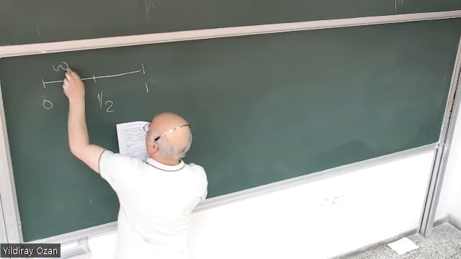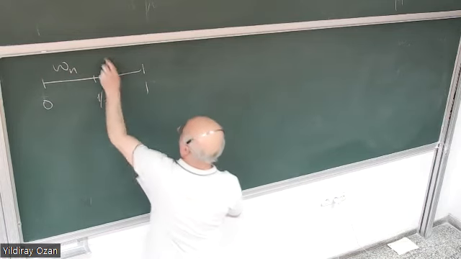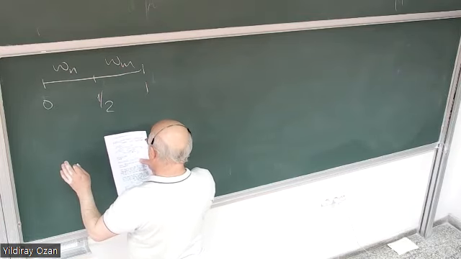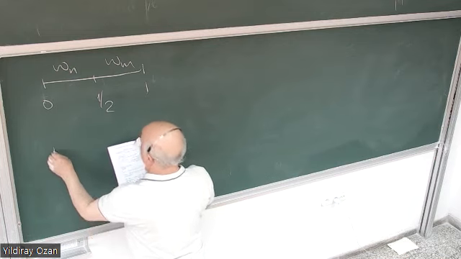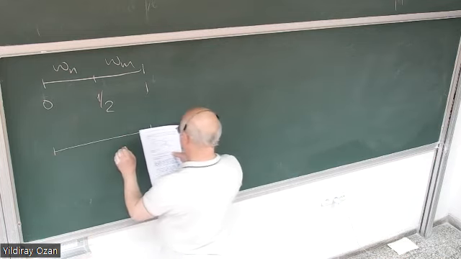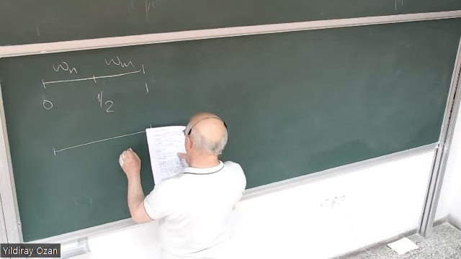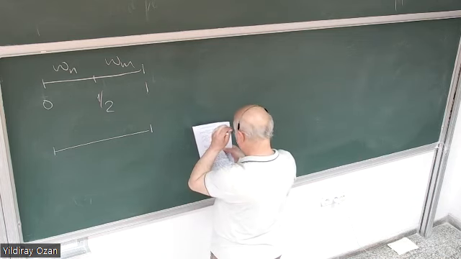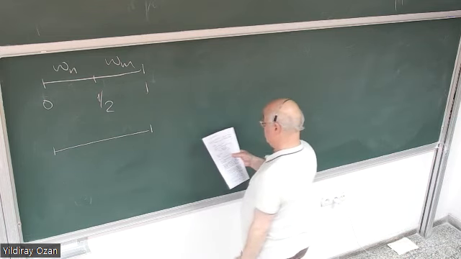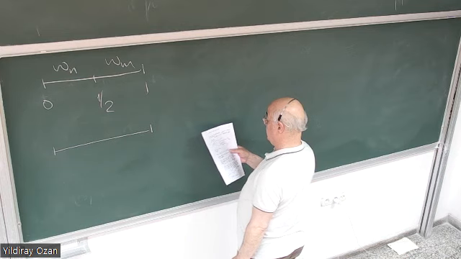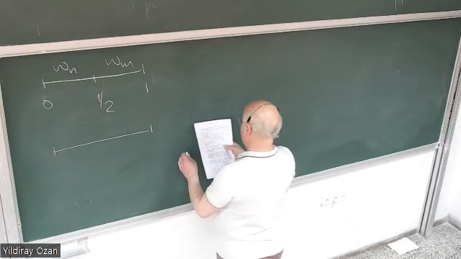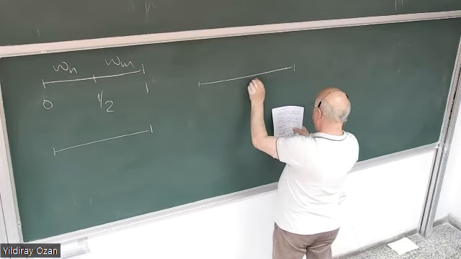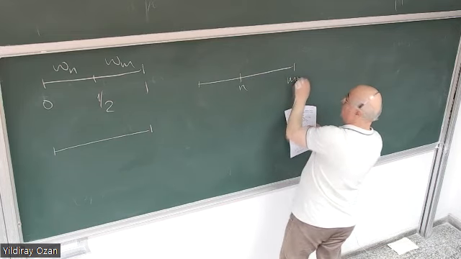Here I have Wn, and then here I have Wm. Here it is n, here n plus m.